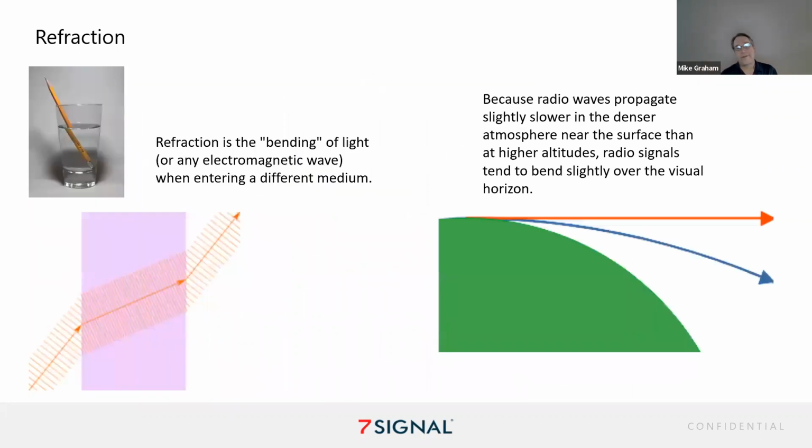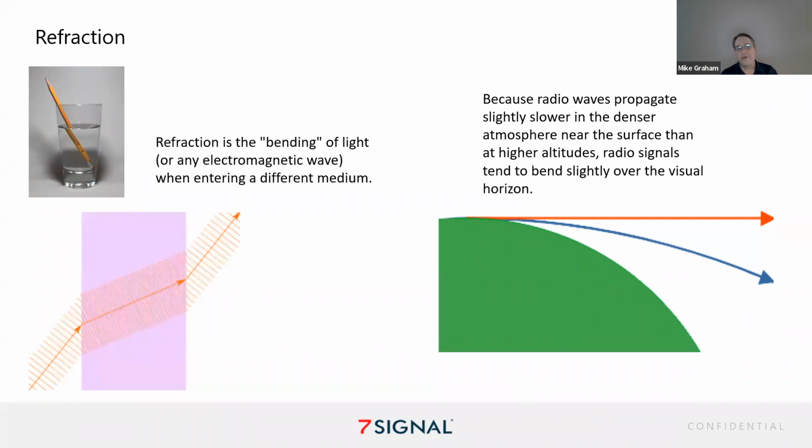Kind of last major topic whenever we're talking about these is refraction, and you've got to do the pencil in the glass of water image if you're going to talk about it.